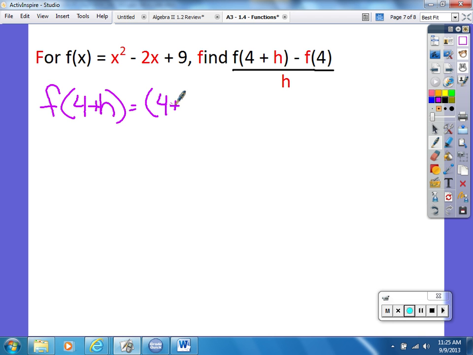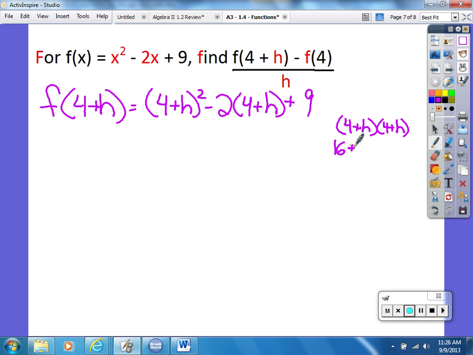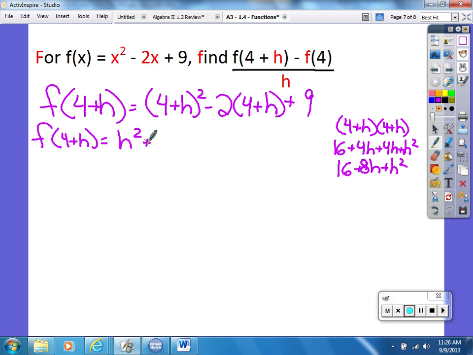That means I'm going to write 4 plus h squared minus 2 times 4 plus h plus 9. What do I need to do right here with the 4 plus h squared? FOIL. I'll do that over here. f of 4 plus h is equal to h squared plus 8h plus 16.